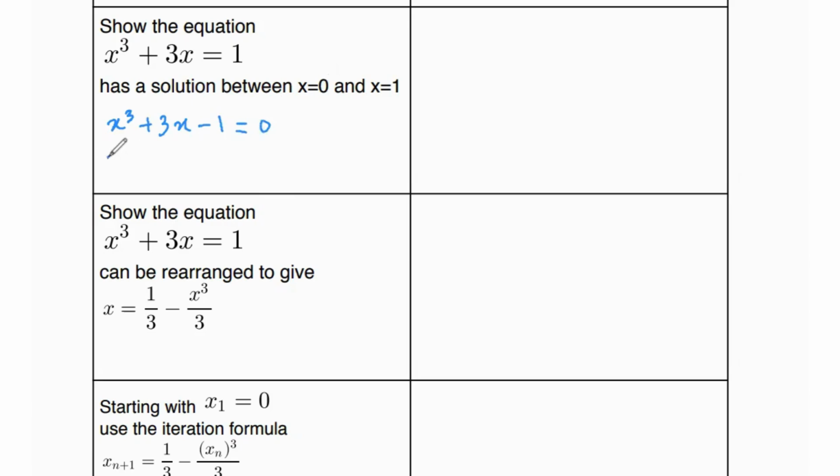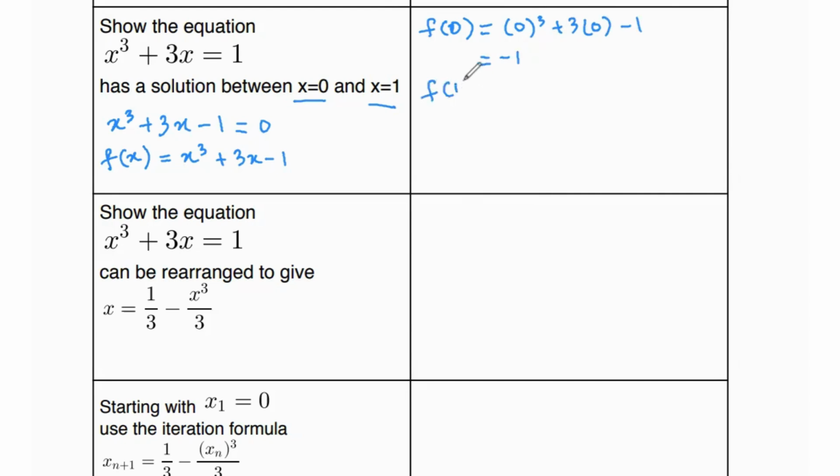And assume that your equation is f of x equals x cubed plus 3x minus 1. Now we're going to substitute the given values of x in this equation and see what values of f of x we get. For x equals 0, it's 0 cubed plus 3 times 0 minus 1, which is negative 1.